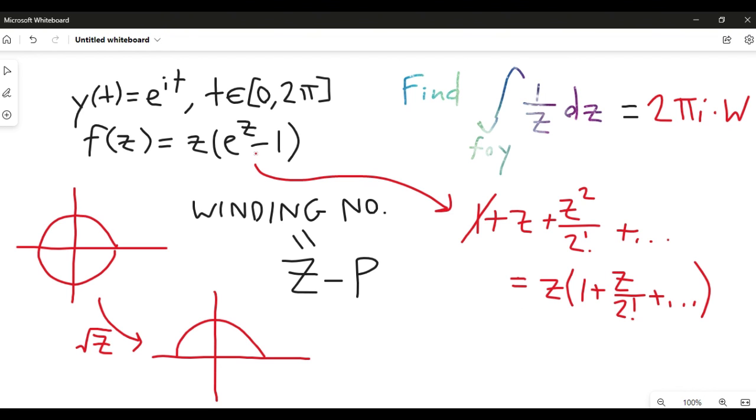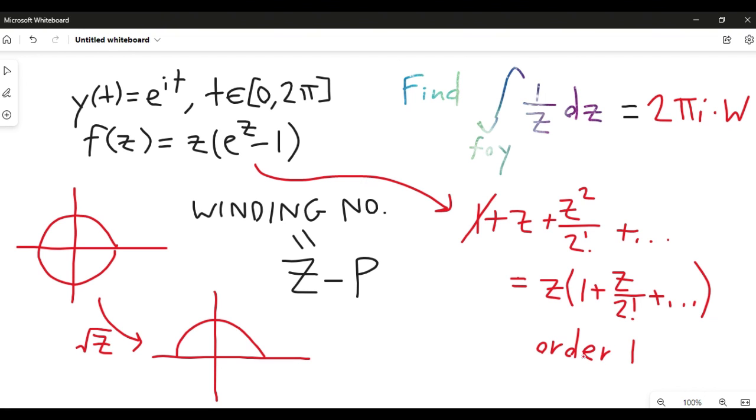So this function e to the z minus 1 has a 0 when z is equal to 0. And looking at this, we can see that it should be a 0 of order 1, because when z is equal to 0, this part on the outside is 0, but this part on the inside is not.